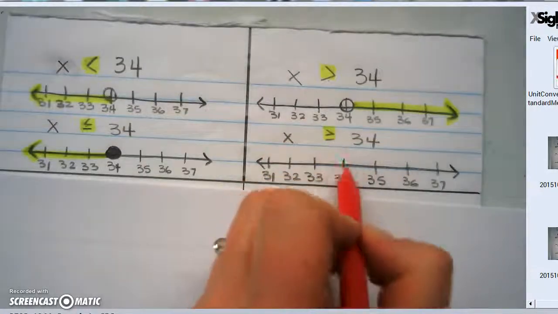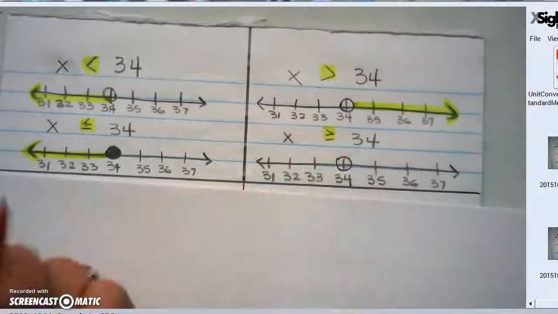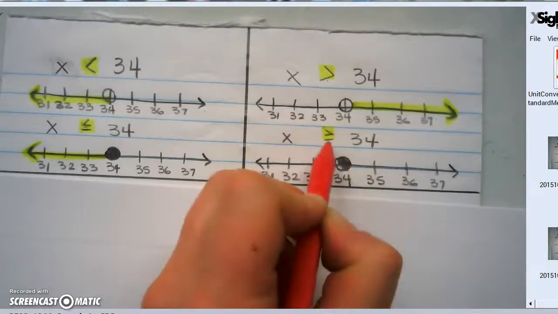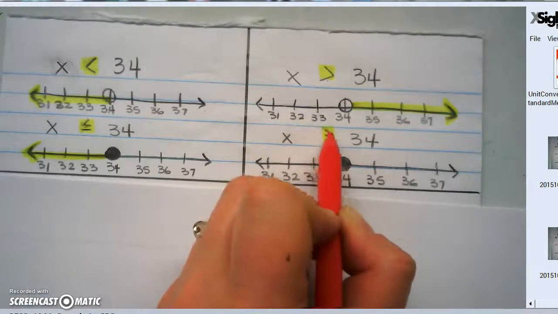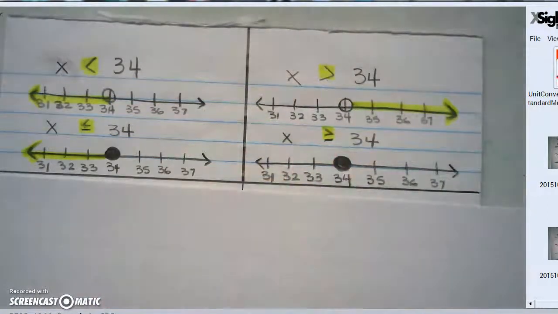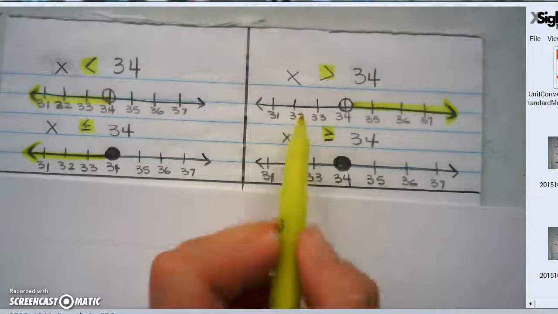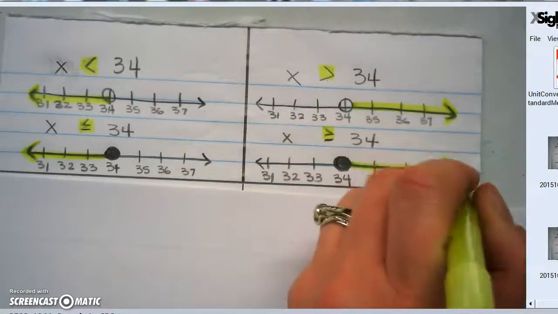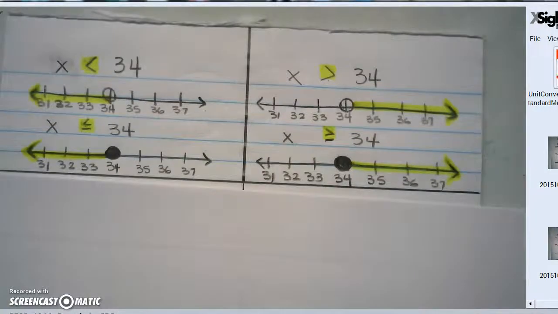Now, to find that on the number line, you just put a circle around the spot that indicates 34. And because that inequality sign says that it's greater than or equal to, we darken that circle. And if we wanted to show any number being greater than or equal to 34, we just darken the number line going that way.